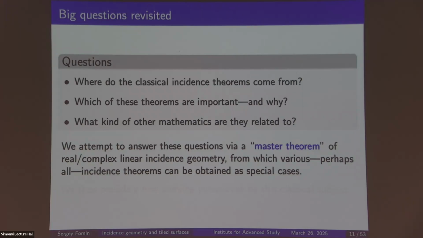And again, I will only be interested in the classical situation, working over the reals, or better yet, over complex numbers. Nothing exotic, just exactly the theorems that you want to study in high school. And this would provide a new unifying perspective on this subject.